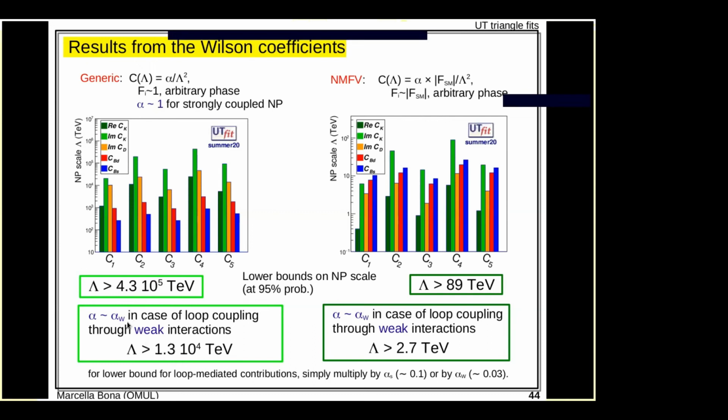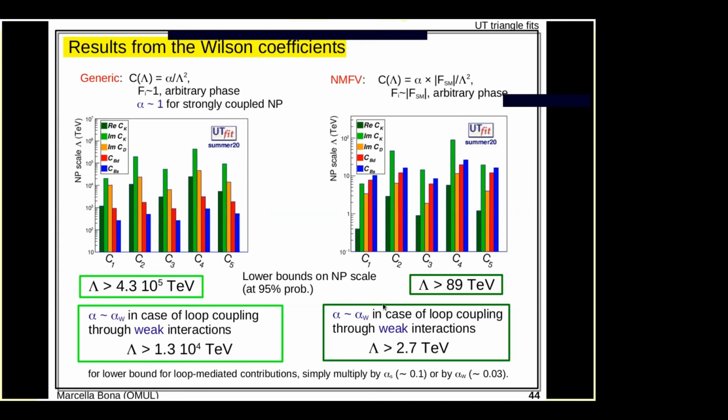This is the example for if you want to translate this with a strong coupling. With a weak coupling between the standard model and the new physics, you have something that is still rather strong. However, for example, in next to minimal flavor violation, you get something that is a lot weaker.